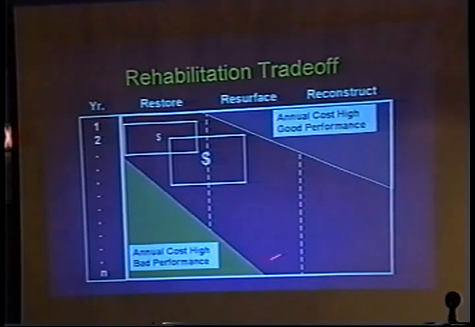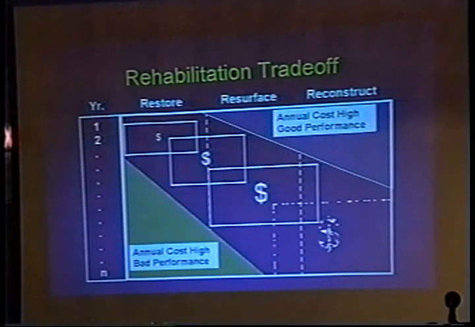This area right in here is where you really need to be placing your time and efforts and your money. Get down to the low end there where you have low performance, you're at the end of the life of the concrete pavement, you're going to have to pay some more because you're in the reconstruction mode. Some of the restoration methods that we're going to talk about will help to extend that life longer so you can delay something like that from happening.